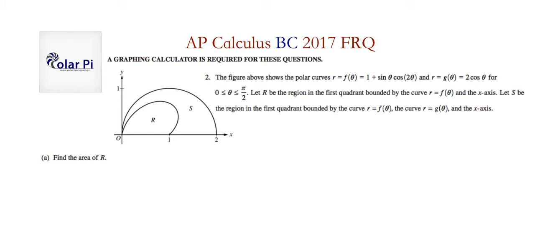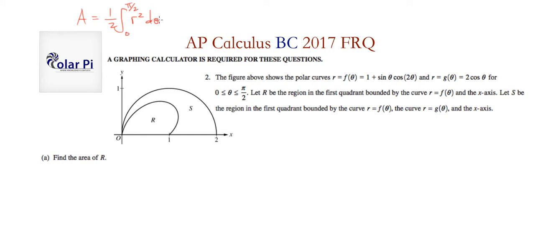The first question is here in part A, and it's to find the area of R. Now, we know that the area bounded by some polar curve r is equal to 1/2 of the integral of r squared d theta, and the integral goes from whatever the bounds for our polar curve are, which in this case, along theta, is from 0 to pi over 2.